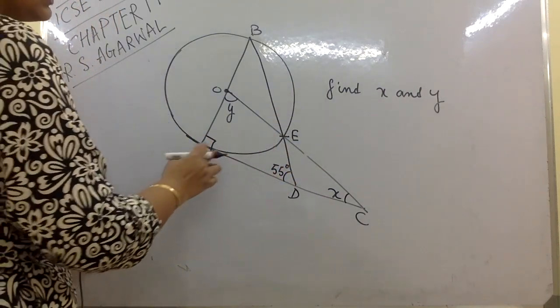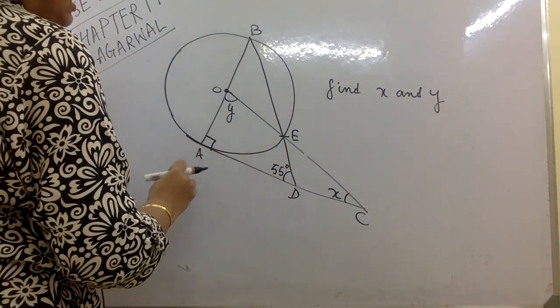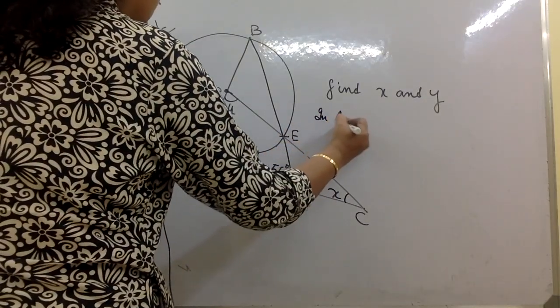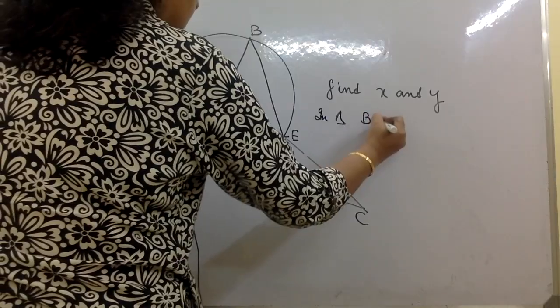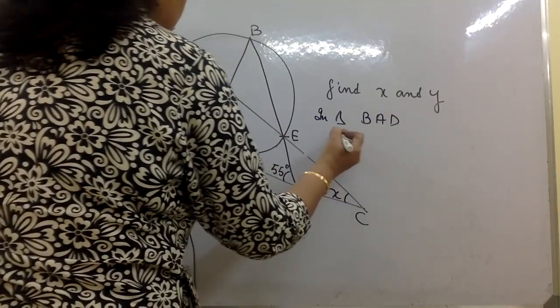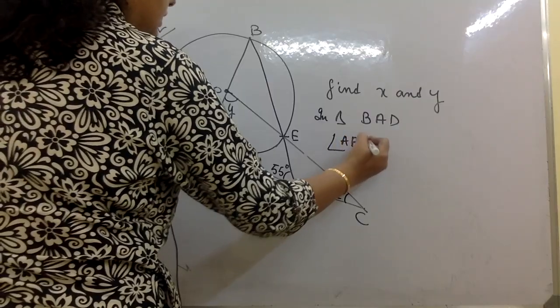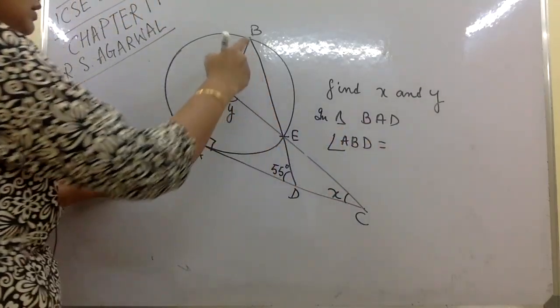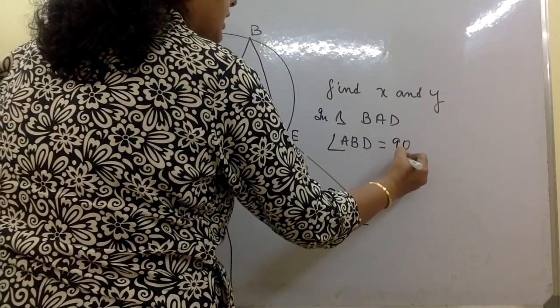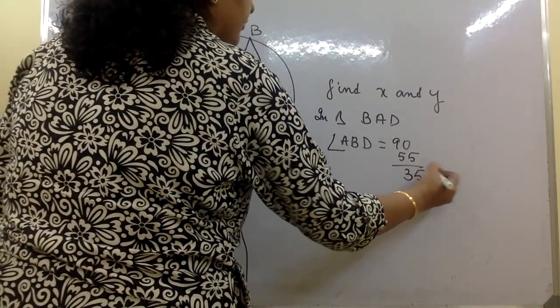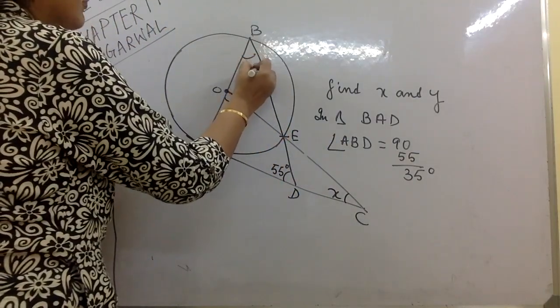Now here, if this is 90 and here we have 55 in triangle BAD, angle ABD, that is this angle, is equal to 90 minus 55, which is 35 degrees. So this becomes 35 degrees.